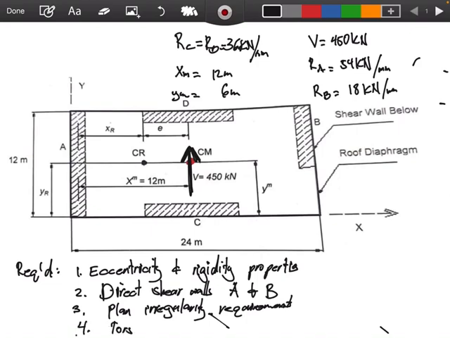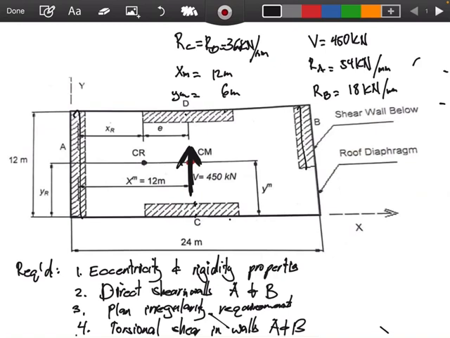So, aside from direct shear, we have torsional shear in walls A and B. Why are A and B the affected walls? Because this is the direction of our shear. So the affected are this and this. So, for C and D, we can neglect that because it is only the thickness that they will resist.